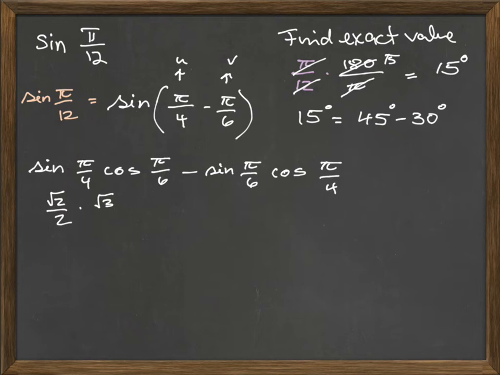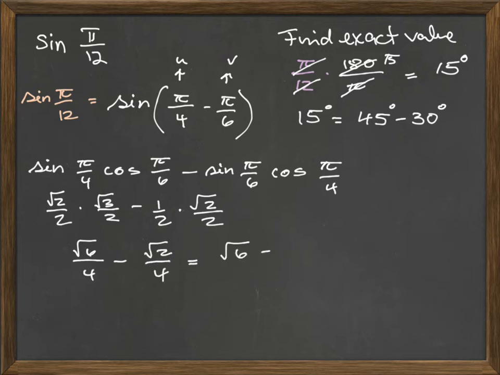That's the square root of 3 over 2. Minus the sine of pi over 6, which is 1/2 times square root of 2 over 2. So we get the square root of 6 over 4 minus the square root of 2 over 4. There you go. That is the exact answer.